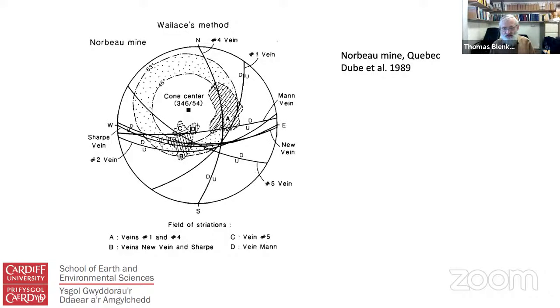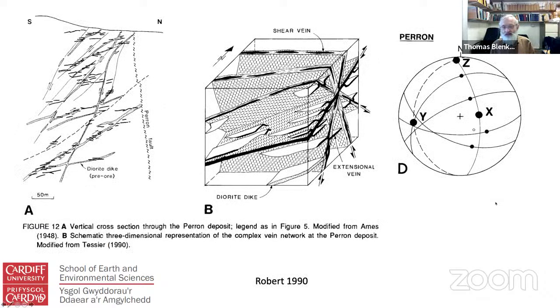Well, we haven't finished yet. Another one I'm grateful to Francois for pointing out is his own work from the Perron deposit. And in this case, an interesting arrangement of intersecting deformation zones with that mixed continuous and discontinuous style that we saw is so common, all of them intersecting in this case on one common axis, which was equated by Francois with the Y or intermediate principal strain axis, with the X and Z forming perpendicular to that, normal to that common intersection direction.